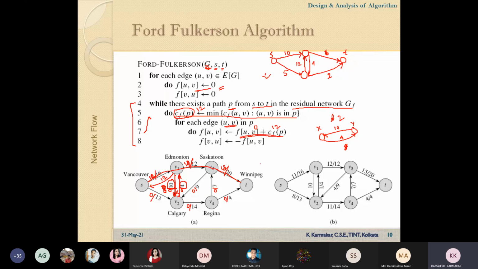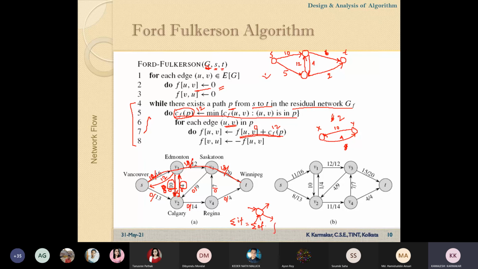Another thing is, for each and every intermediate vertex except sink and source, the sum of incoming flow should be equal with the sum of outgoing flow.